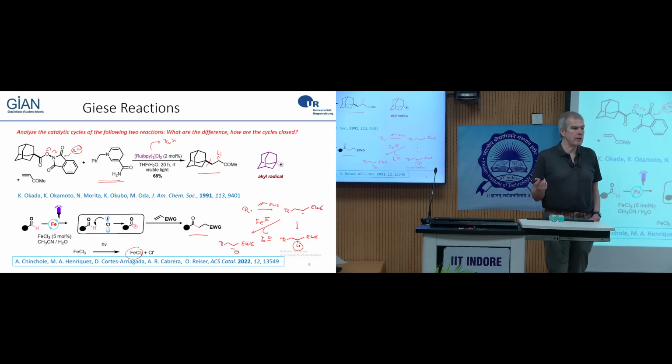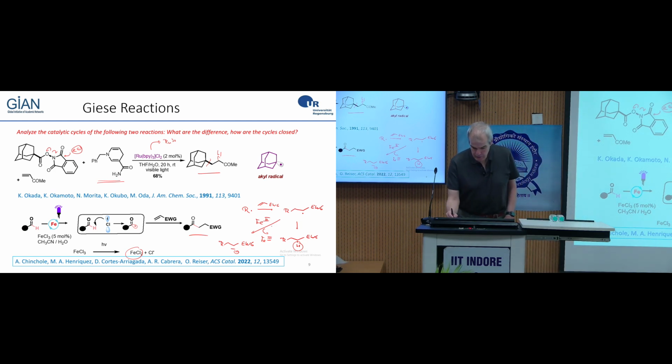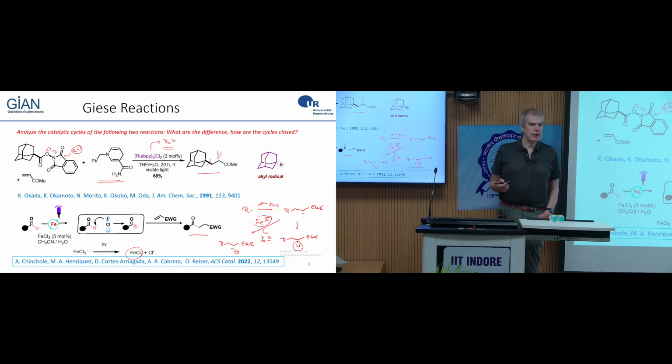So now you need to bring back the ruthenium 3 back to the ruthenium 2. How do you do this? You cannot do it like this here, right? Here the iron 2 is getting oxidized. But here we have an initial oxidation, ruthenium 2 to ruthenium 3 to get us the electron. So now somehow we need to have a reduction in order to bring it back to the ruthenium 2. So how does it work here?